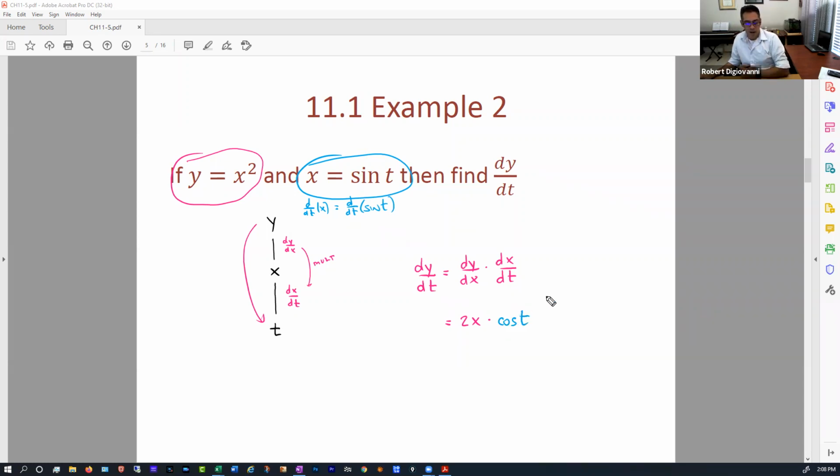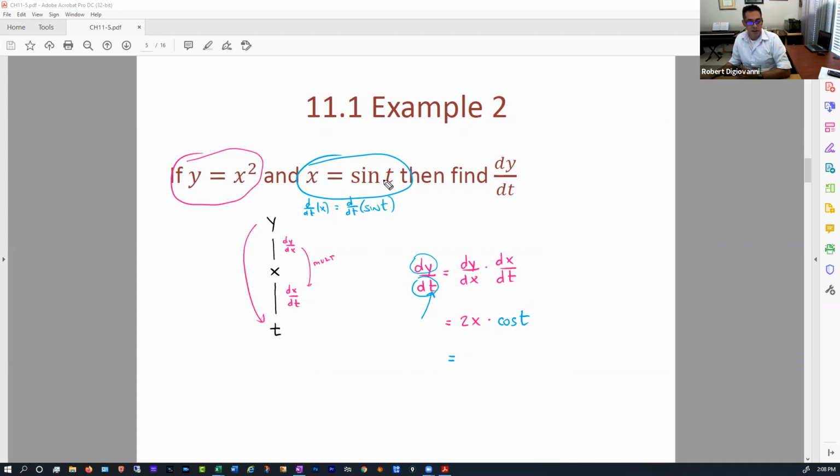Now, there's one more thing I can do. Right now, my answer has x and t in it. Since I wanted to know the rate at which y is changing with respect to t, it would be nice if everything was in terms of t. So let me get rid of this x and replace it with something that has t in it. But I know that x is sine of t.